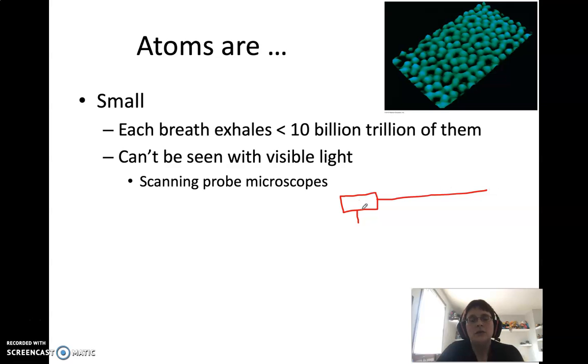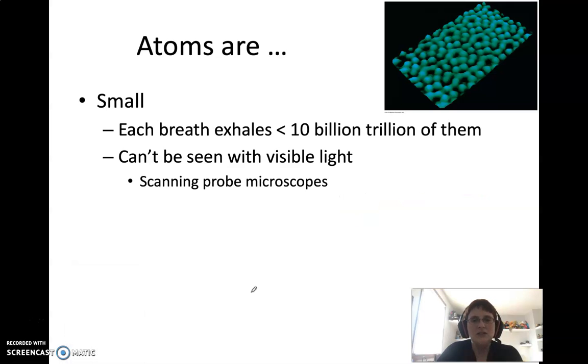When we play a record, this section is going to set in the groove and it bounces up and down to make music. Well, this section of a scanning probe microscope is going to bounce up and down as it runs across these atoms so that we can see them. Obviously, this is much smaller than a record player arm, but that's the general idea of how a scanning probe microscope works.